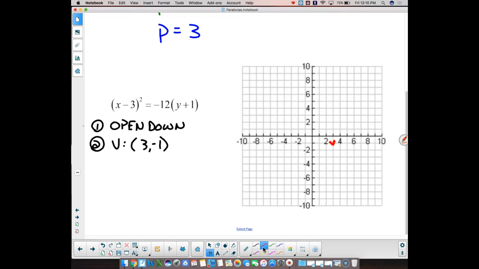We just found that p is 3. Since p is 3, that means that my focus, because it opens down, is down 3 from my vertex. So that's the point 3, comma, negative 4.